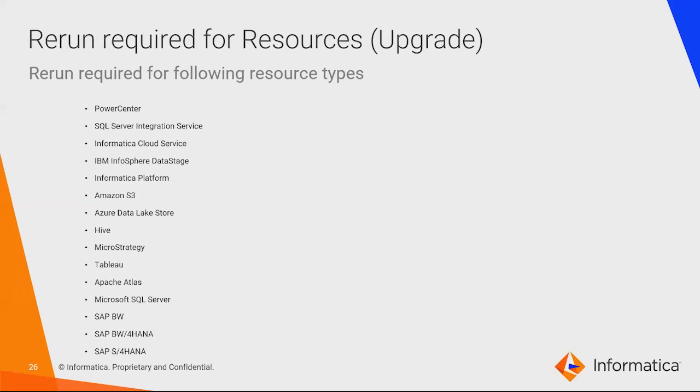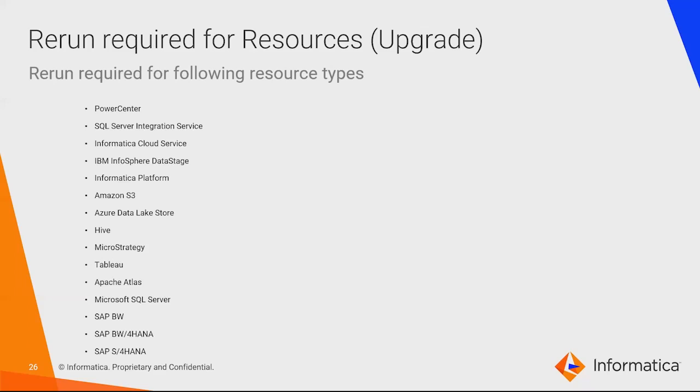So as I mentioned earlier on, after the upgrade of the catalog service, you might need to rerun some resources. You can find the list of resources that will need to be rescanned below. I won't read them all back, but have a look at them. Obviously, there's Informatica Platform, which is a very common one. You've got Hive, Amazon S3.